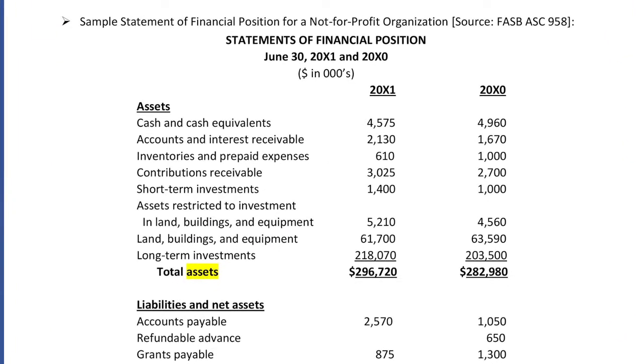We've got the statement of financial position. Look at the line on cash and cash equivalents. End of last year, end of 2010, it was $4,960,000. End of this year, the current year, it is highlighted 4575. So the statement of cash flows talks about how the cash number has changed from last year to this year.